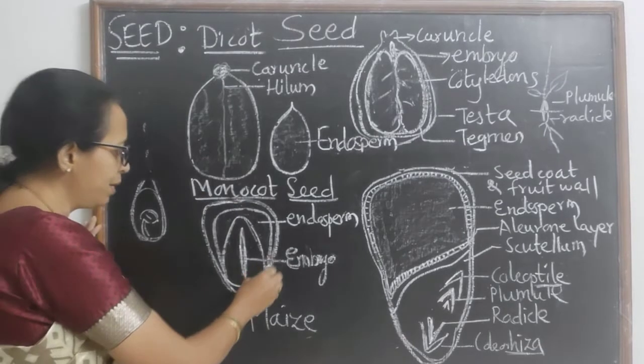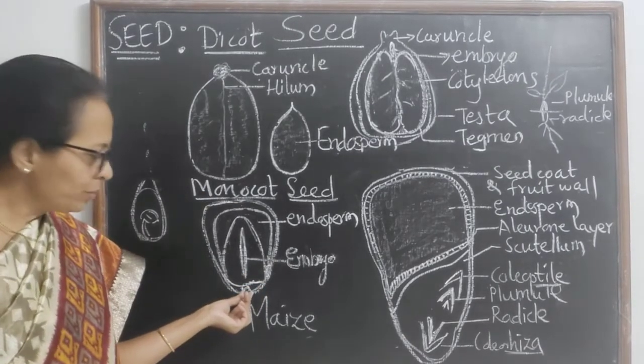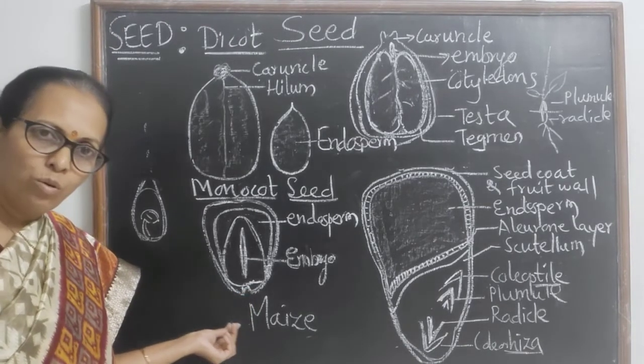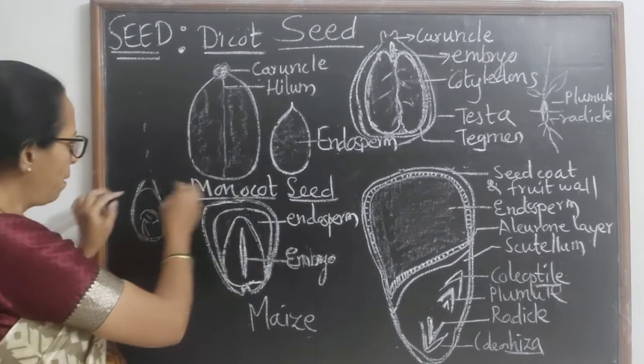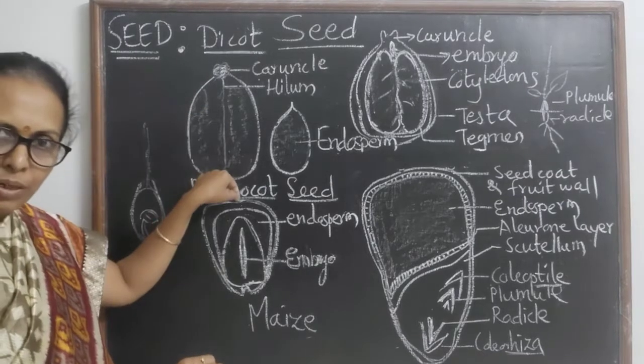The tapering end is the attachment of the seed or ovule with the placenta in the ovary wall, and this side is the style which is attached from the ovary.